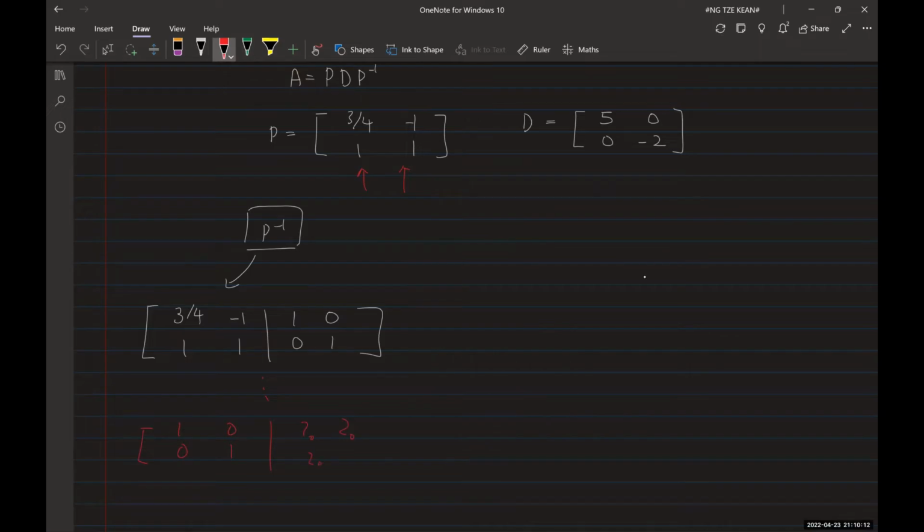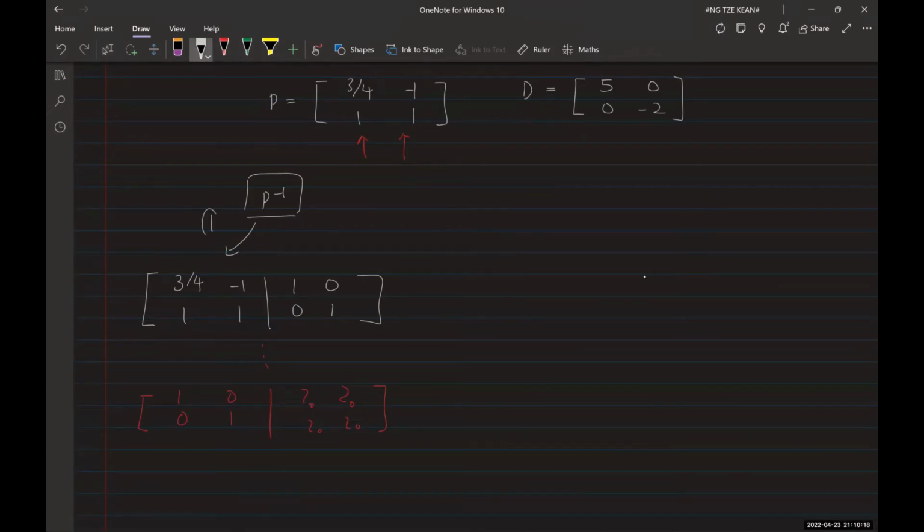So you will have four question mark entries here that you have to solve for. This is the first way to solve for P inverse. And the second way, which is my preferred way, would just be to use the determinant of A, and you will be able to obtain P inverse. So I will do the second way to illustrate.